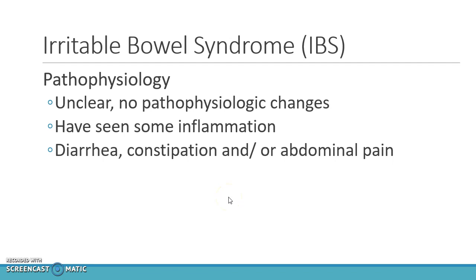Irritable bowel syndrome, or IBS, there's no clear pathological changes, and it's characterized by diarrhea, constipation, and or abdominal pain. IBS is divided into 4 categories: IBS-D, which is IBS diarrhea; IBS-C, which is irritable bowel constipation; IBS-A, which is both of those, and IBS-M, which is a mixture with either one of those.